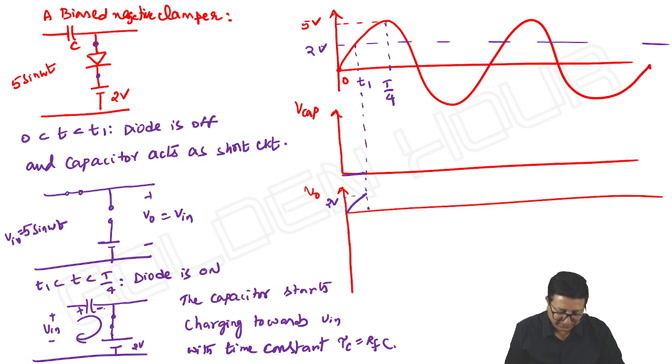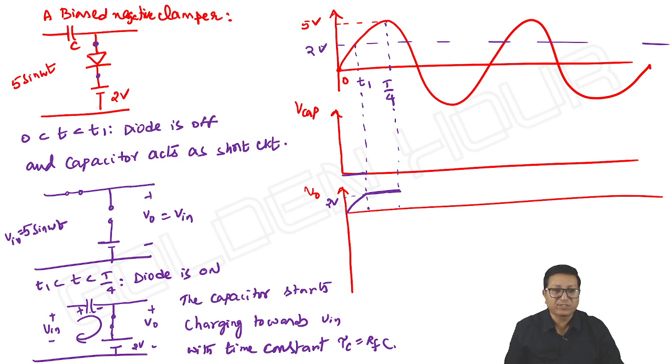So what about V capacitor? The output is equal to 2 volts from 0 to T by 4, I can take. So output is 2.